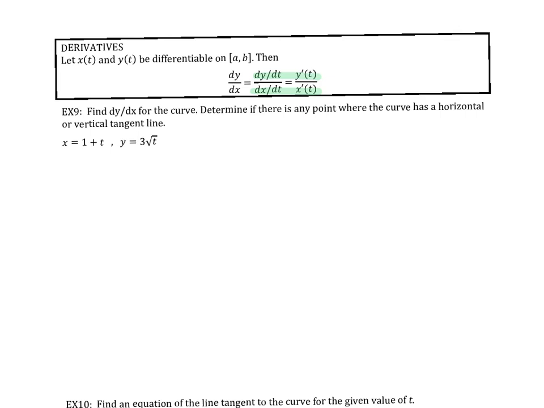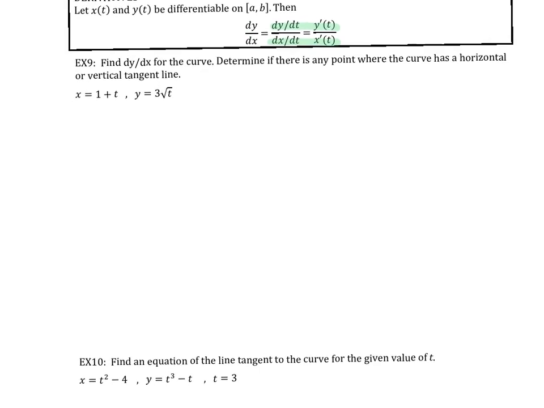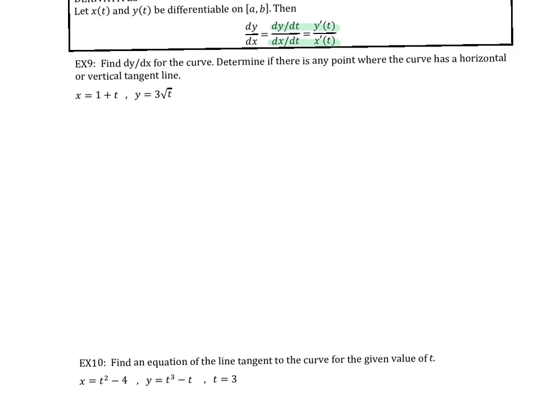Example 9, we want to find the derivative for our curve, but the curve is given parametrically. Okay? So instead of getting rid of the parameter t and computing the derivative, I can just use this formula to find the derivative. dy/dx is simply equal to the derivative of y with respect to t, which would be 3 over 2 times the square root of t, and the derivative of x with respect to t is just 1.